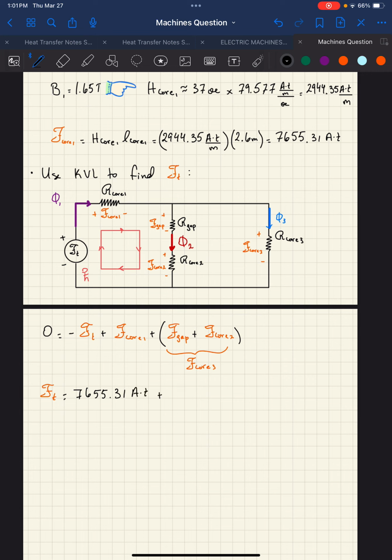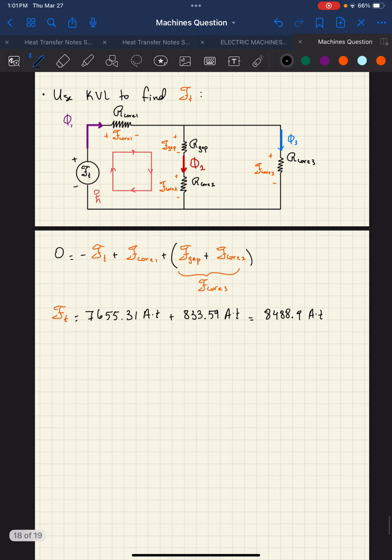I'm just going to write down the F3, which is F core 3, which is the same thing, 833.59 amp turns. And this turns out to be 8488.9 amp turns. So now we're literally just 2 steps away from checkmate.